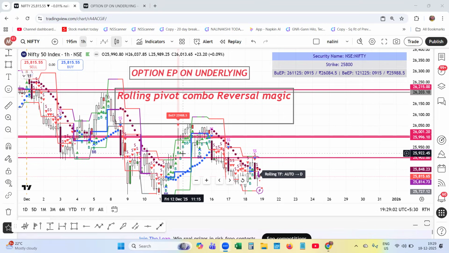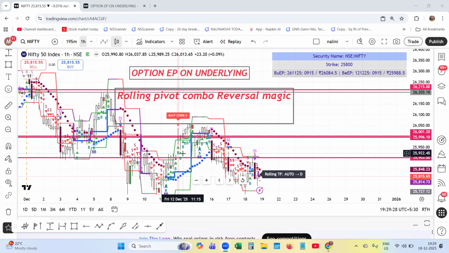Suppose EP acts as resistance: writers expect price to stay below. When EP and price align, that is where confidence comes to a trader. With the rolling pivot and the EP, you will get direction and confidence, and you can take the trade very properly.